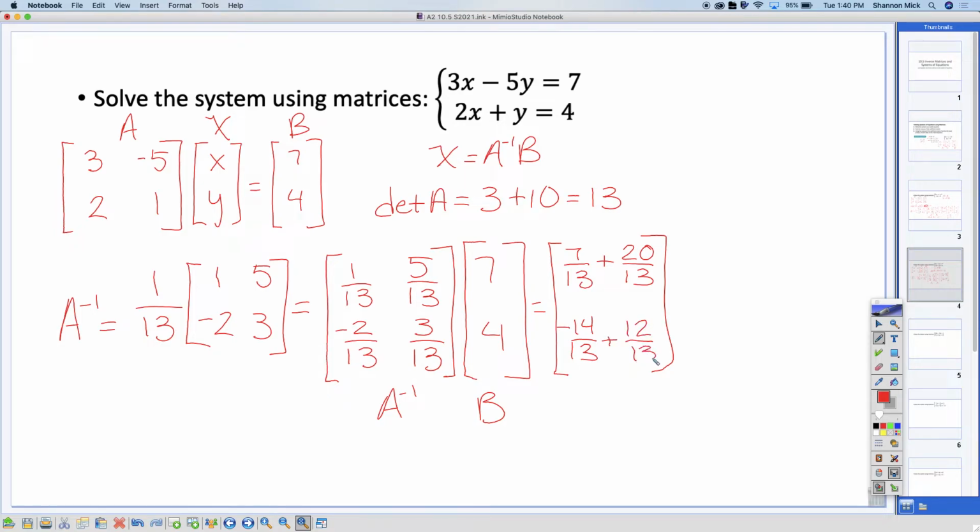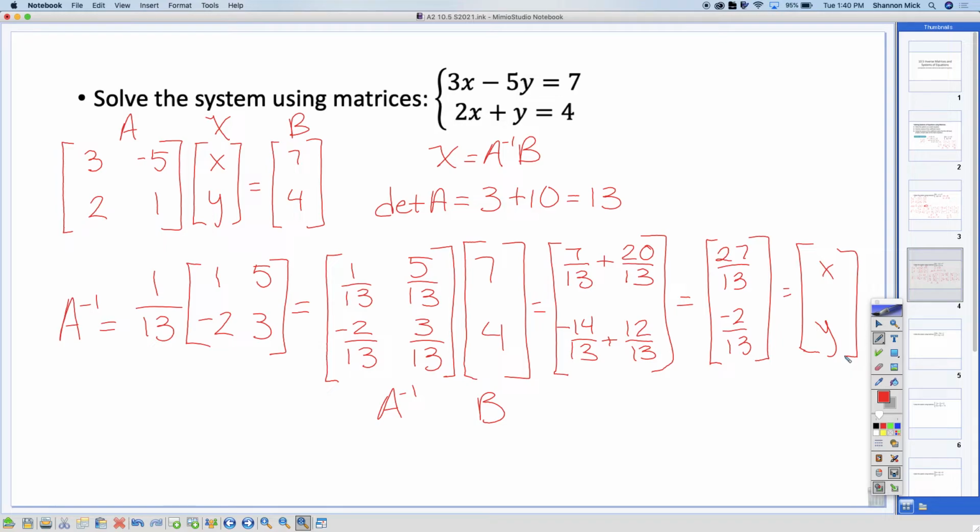Just doing my normal matrix multiplication, right? Row times column. So 27/13 and then negative 2/13. So that equals what? Equals XY.